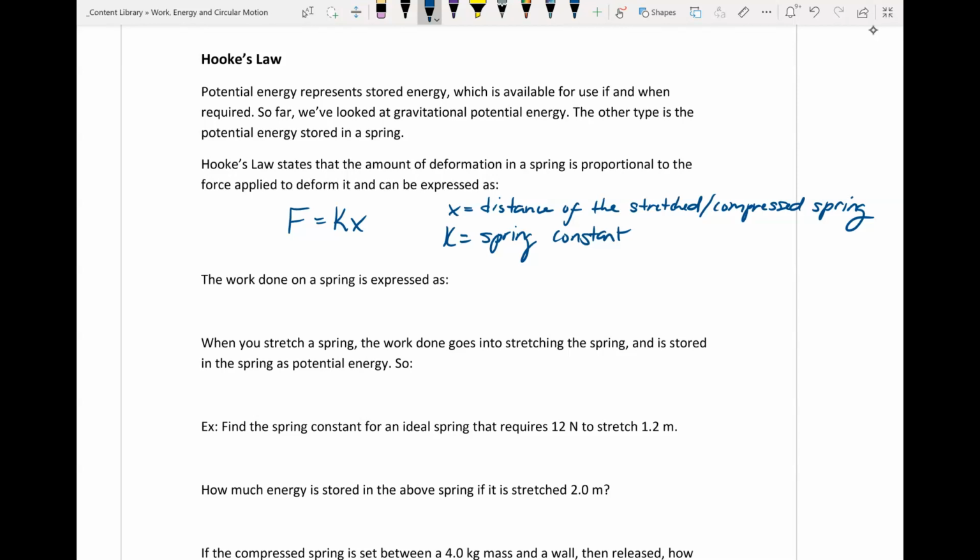That spring constant can vary. It really depends on how flexible that spring is, and you played around with springs before, so if you compare the different ones, you can have really stiff springs or really loose springs, and this would depend on the spring constant. So the work being done on a spring is expressed as W is equal to a half kx squared.